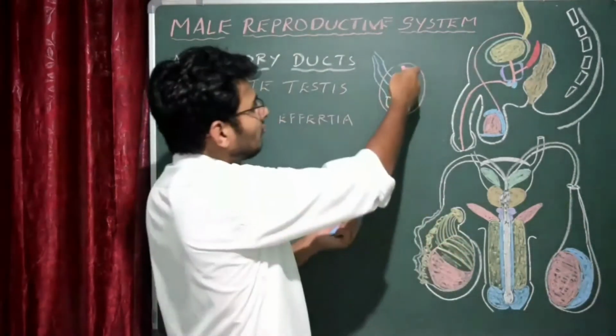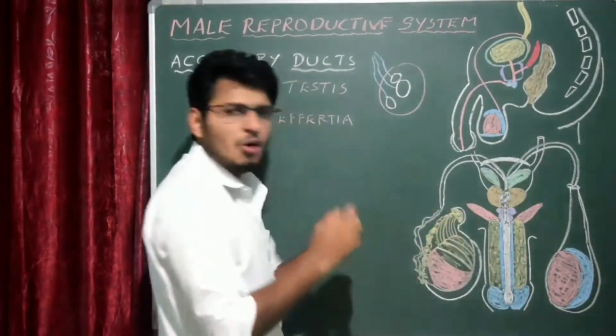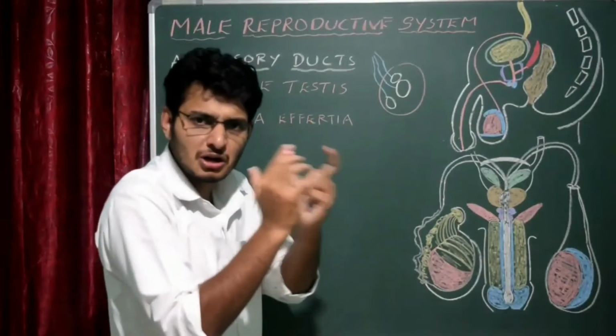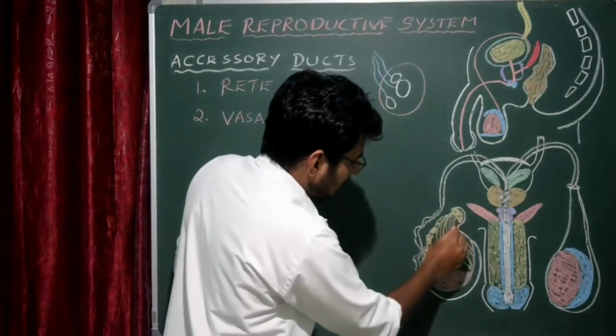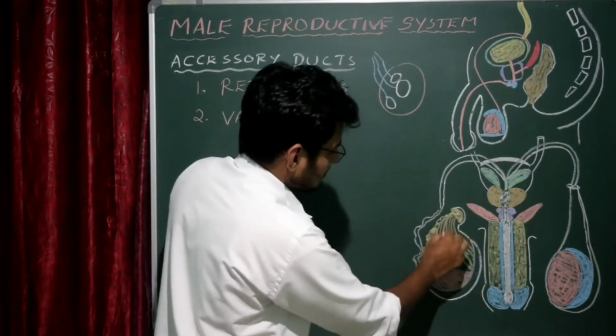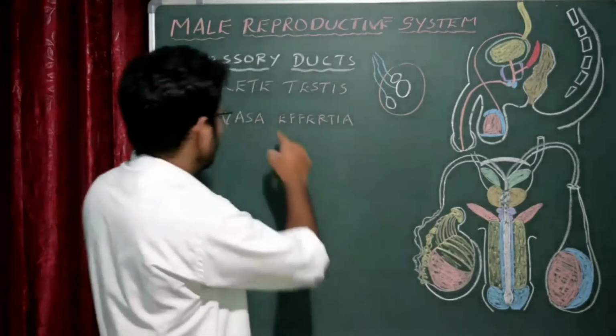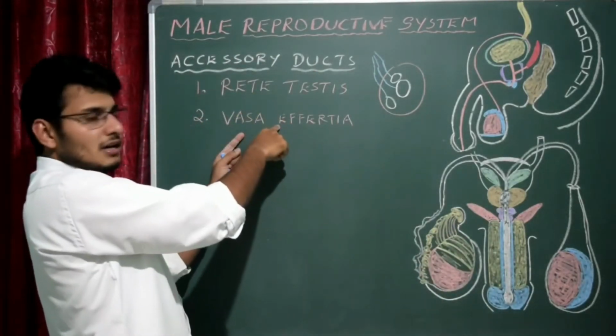They come from each seminiferous tubule and come out of the testis and look like very complex tubular structures, a network of pipe system, and ultimately it opens like this. This particular structure what you see here is the vasa efferentia. That means the rete testis opens into the vasa efferentia.